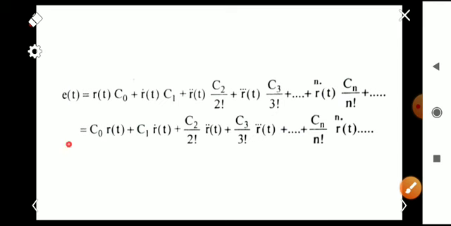We substitute the value of e of t in this equation, so e_ss is the limit as t tends to infinity of C0 into r of t plus C1 into r dot of t plus C2 by 2 factorial into r double dot of t, etc.